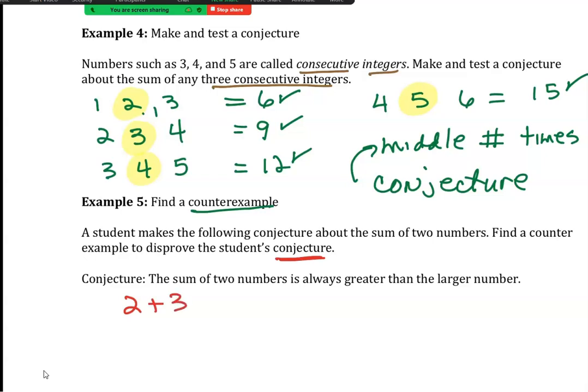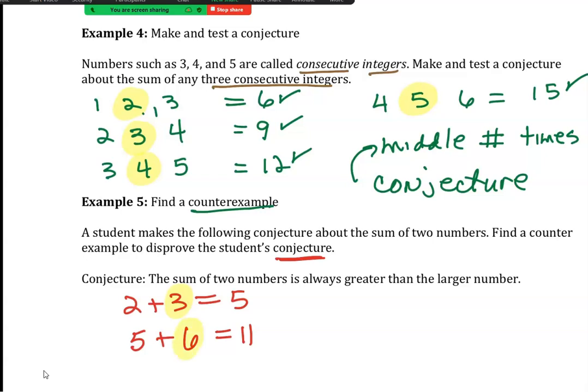Okay, 2 plus 3 is 5. That sum is greater than the 3. So yes, that's true. How about 5 plus 6? That's 11. That's also greater.